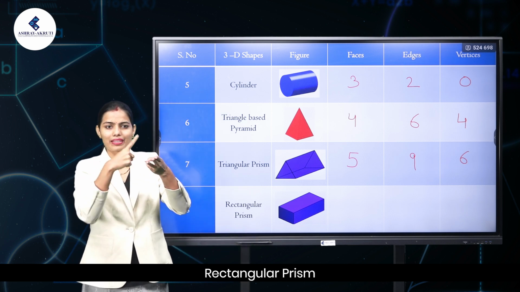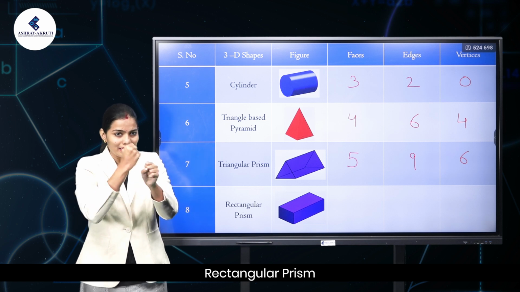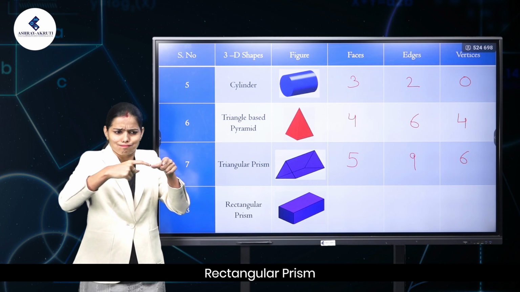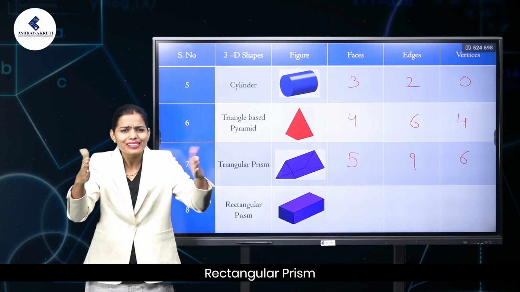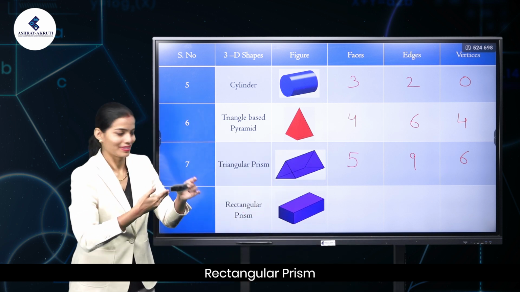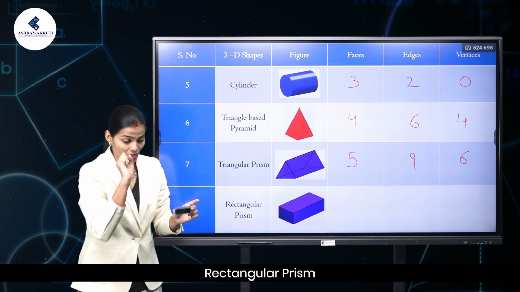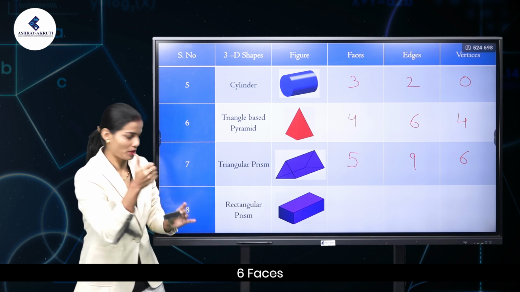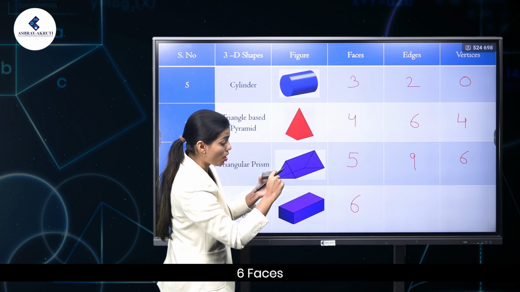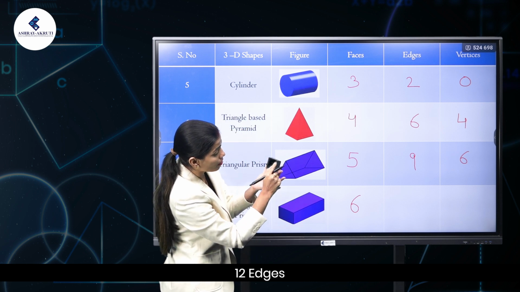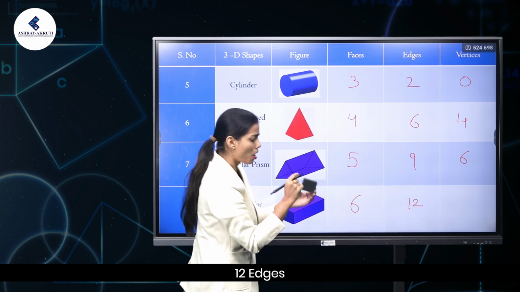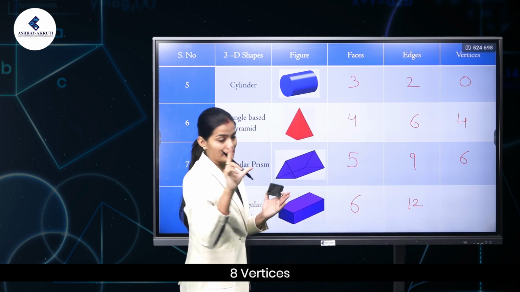Rectangular prism, 6 faces, 12 edges, 8 vertices.